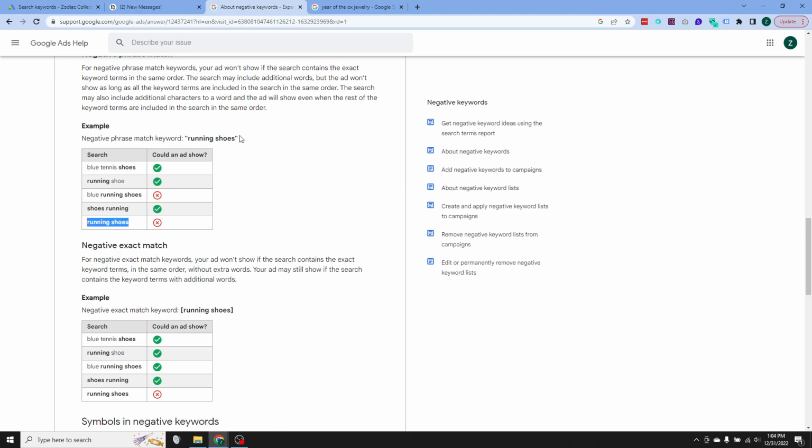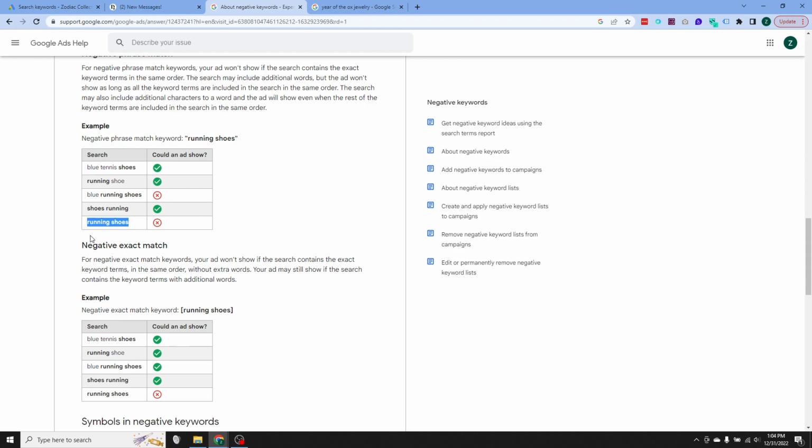It blocks out the exact match from below, but it gets even a bit more. If there's something in front or after running, as long as the search term contains running shoes, because it's a phrase match, this ad will not show. So phrase match negative keywords block out that phrase with words before or after.